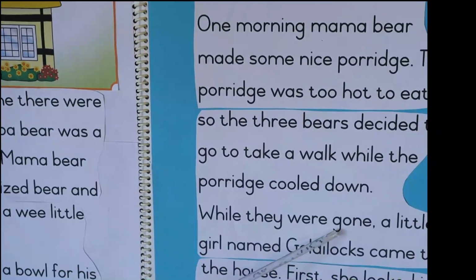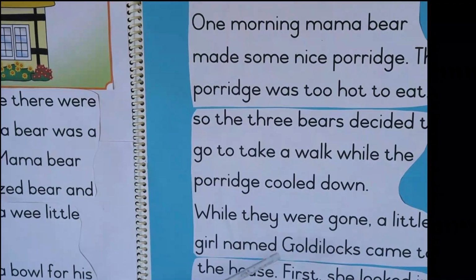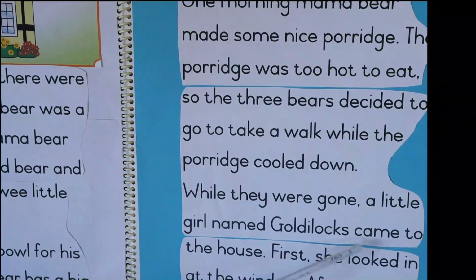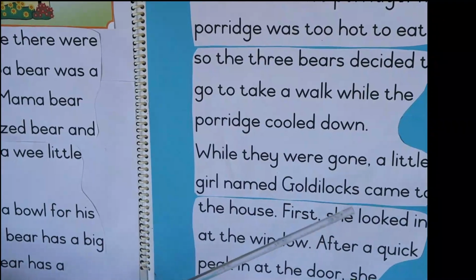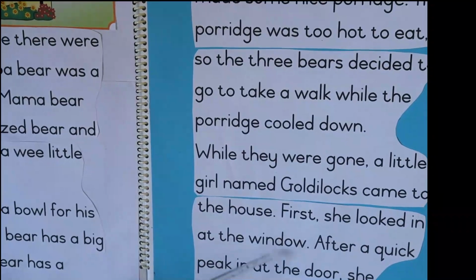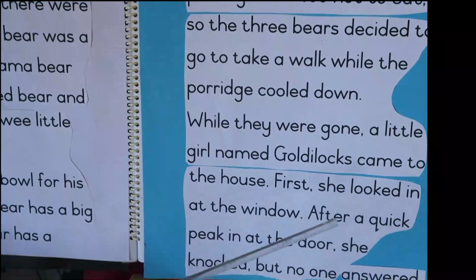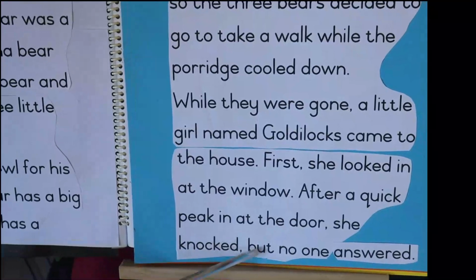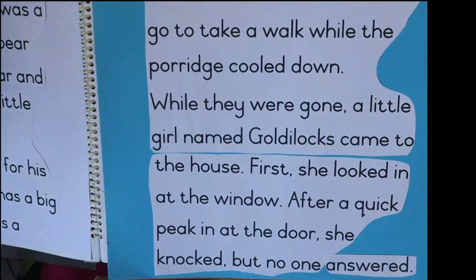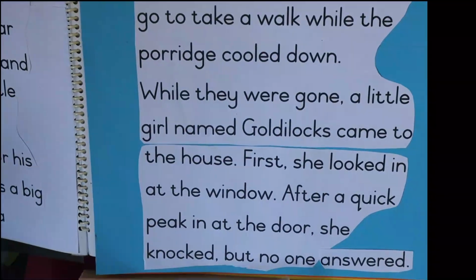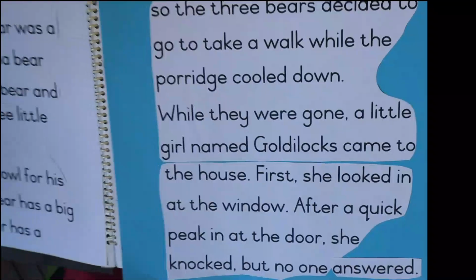While they were gone, a little girl named Goldilocks came to the house. First, she looked in the window. After a quick peek in at the door, she knocked, but no one answered.